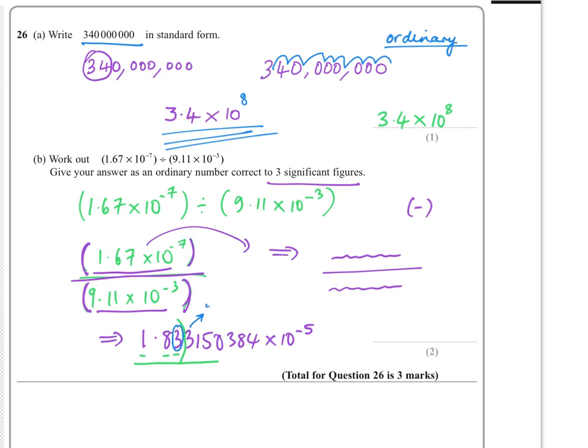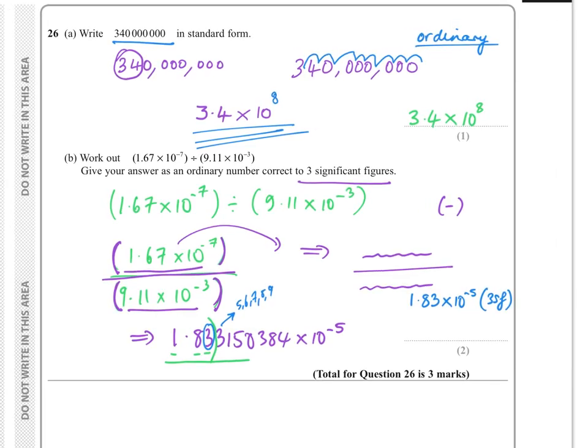It would have to have been a 5, a 6, a 7, an 8 or a 9 to round it up, so it has no effect. So in standard form we'd have 1.83 times 10 to the minus 5 to 3 SF, significant figures, but we've got to write it as an ordinary number, which can be easily overlooked, so please read the questions carefully.